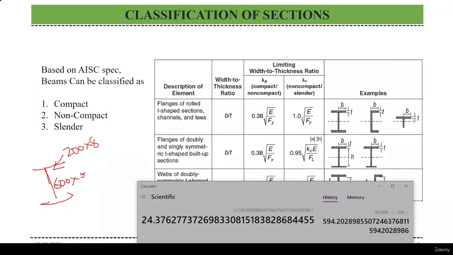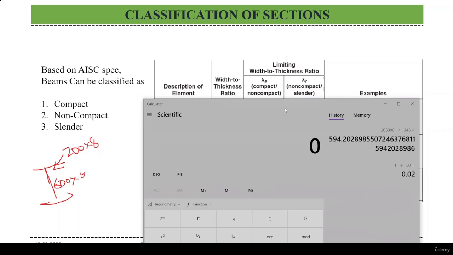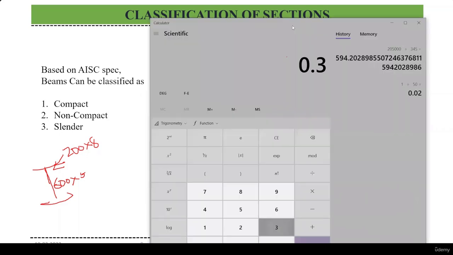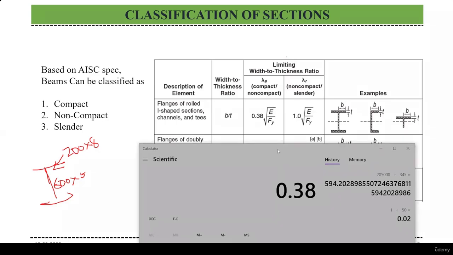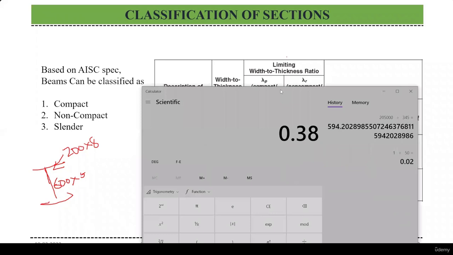So I have calculated the value of square root of E by Fy, that is 24.38. First we have to check for compact section, whether it is compact or non-compact.